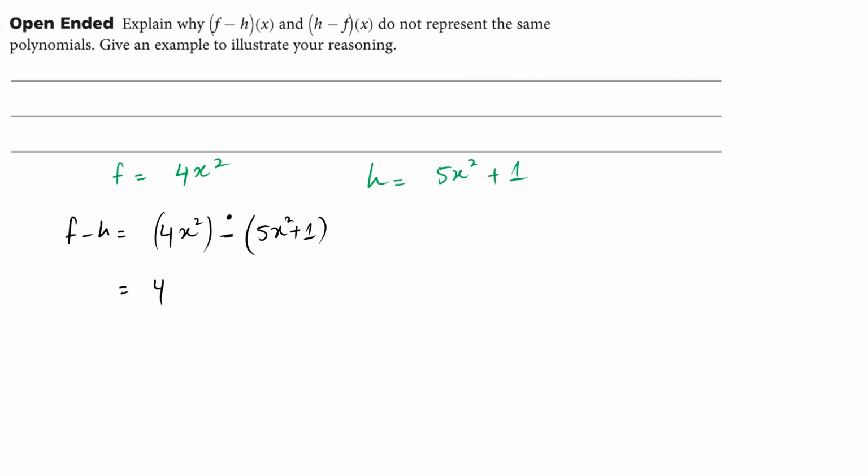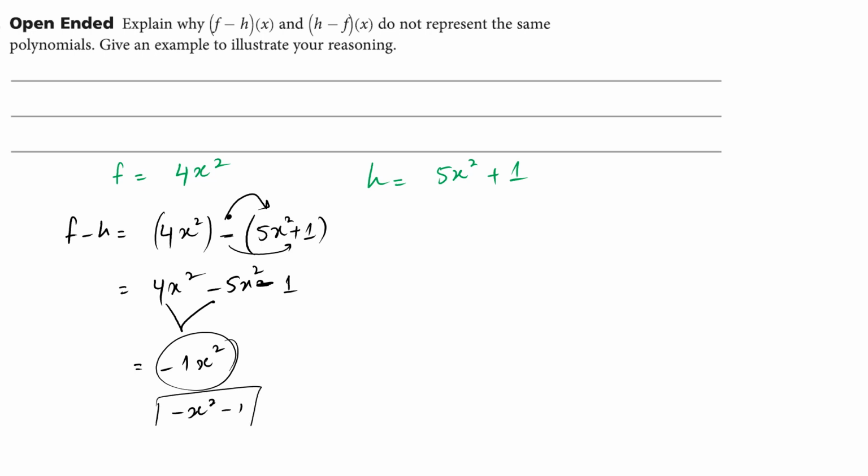So 4x square write down as it is, minus times plus gives minus 5x square, and then minus times plus gives us minus 1. Now 4 minus 5, they are x square, they are like terms, so 4 minus 5 is negative 1x square, or we can write it as negative x square. Minus 1 as it is. So this is my first answer.